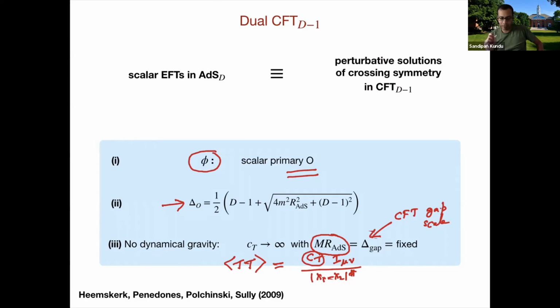Actually, I have to be careful here, because everything that I'm going to say is built upon this dictionary between solutions of crossing symmetry and effective field theories in AdS. So even there, I have to be very careful about how important it was in that dictionary that there has to be a stress tensor.